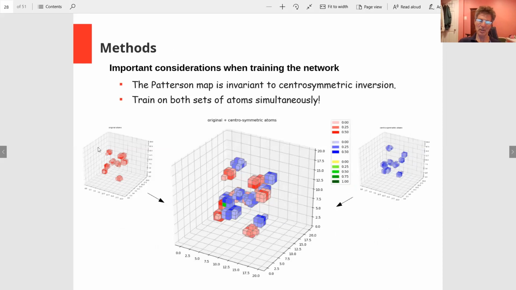I think I said that the Patterson map goes on the input, and this sum of density maps goes on the network output. And then the network can train. That was kind of a key finding to getting this whole thing to work.